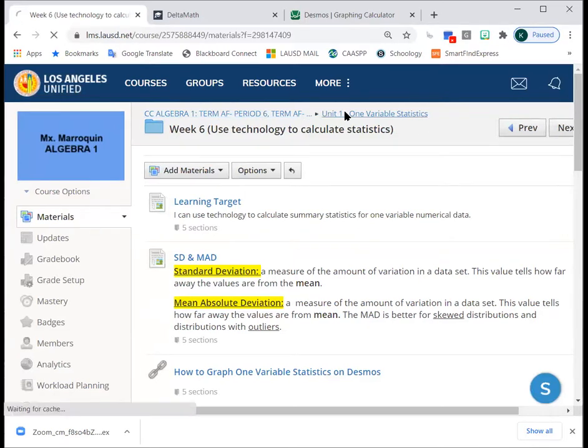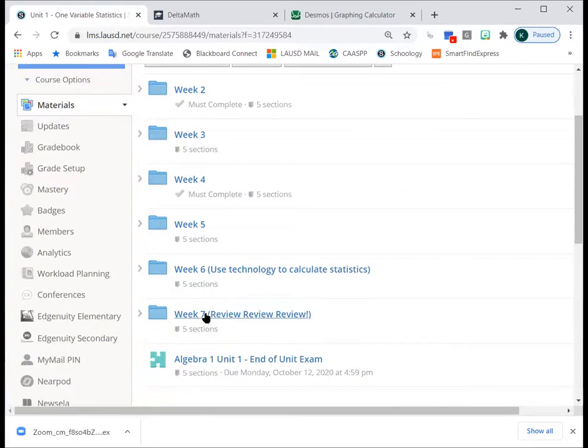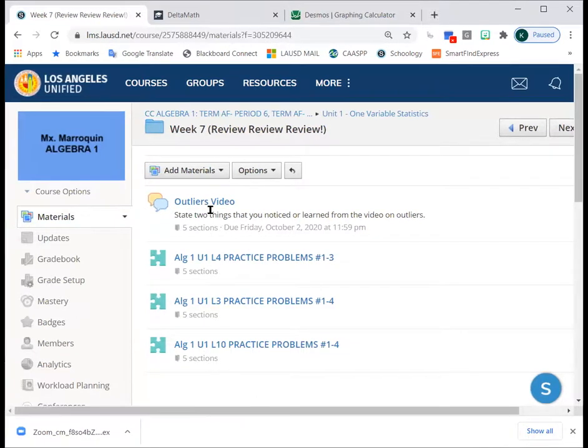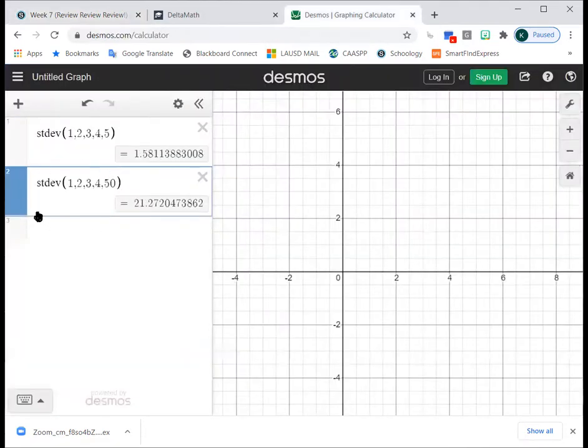Finally, in week 7, we reviewed. Here's a video on outliers. Outliers are numbers that are spread out very, very far away from the rest of the data set. For example, in this example that we did, this 50 might be an outlier because it's far from the rest of the numbers.